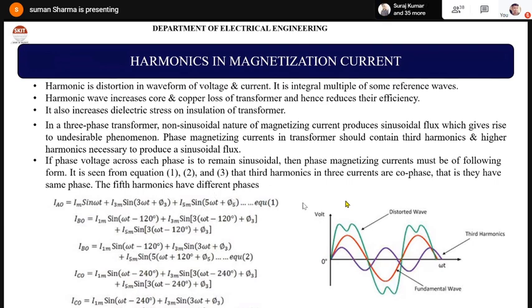So phase B is lagging phase A by 120 degrees. So it is I1m sin of omega t minus 120. Then here also you will subtract 120 in the third harmonic component, in the fifth harmonic component, you will subtract 120, and so on.